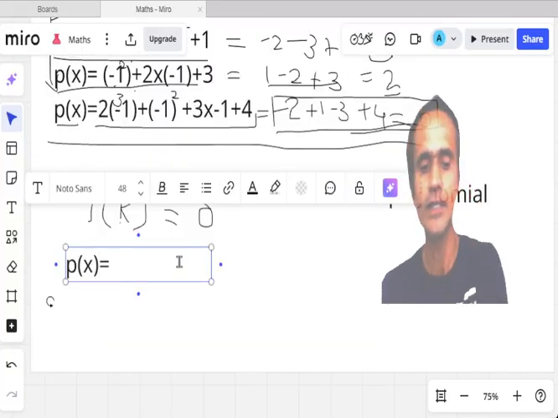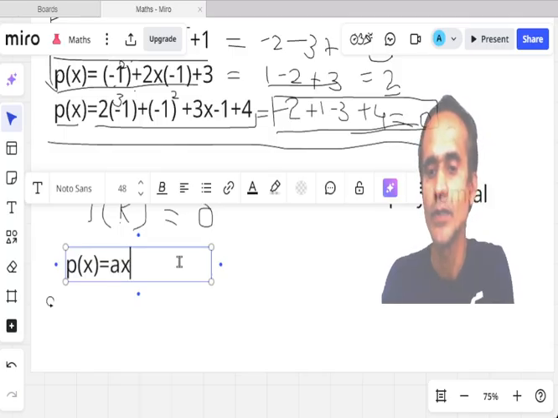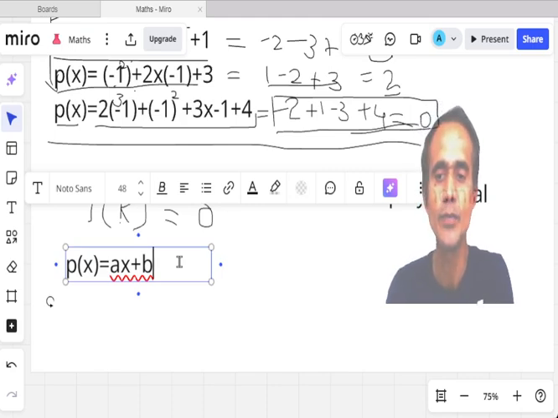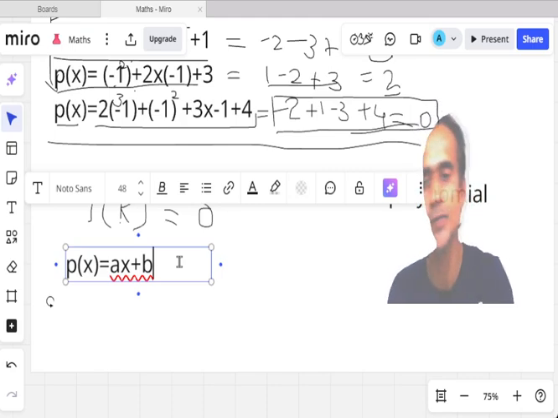Now let us take a linear polynomial. This is the general formula of a linear polynomial, p(x) equal to ax plus b.